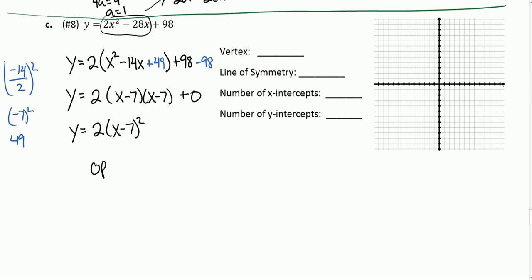This is going to open up in the positive y direction because it's a y equals parabola and the 2 is positive. The vertex is going to be 7, 0. The 7 is with the x, so it contributes to the x value of the vertex. And there's a plus 0 at the end, which we don't see, and that's our y value.